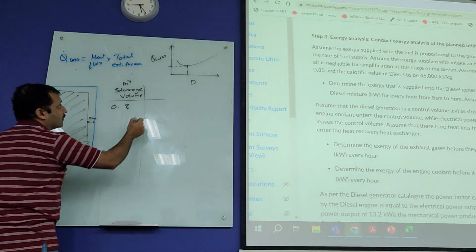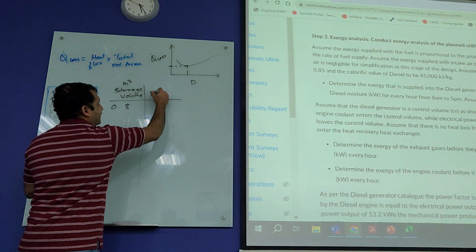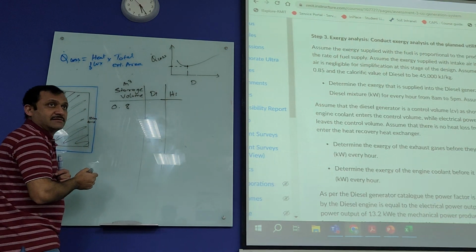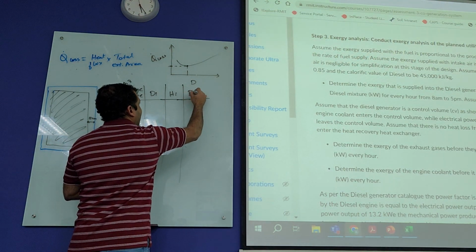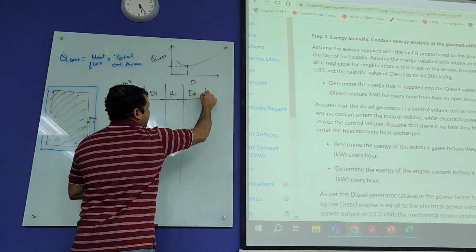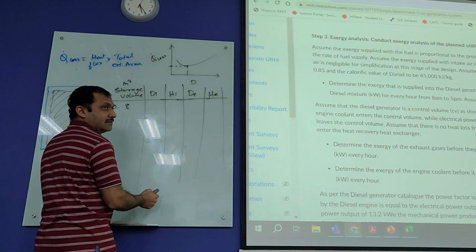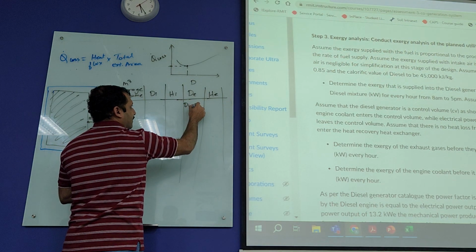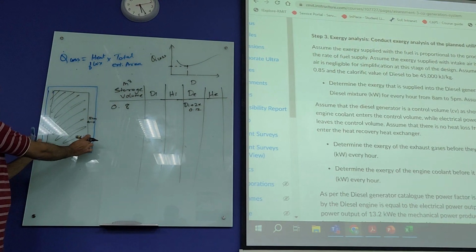Okay? So, you have internal diameter, you have internal height, then you have external diameter, external height. The external diameter will be nothing but internal diameter plus 2 times 0.12 because of insulation on both sides.